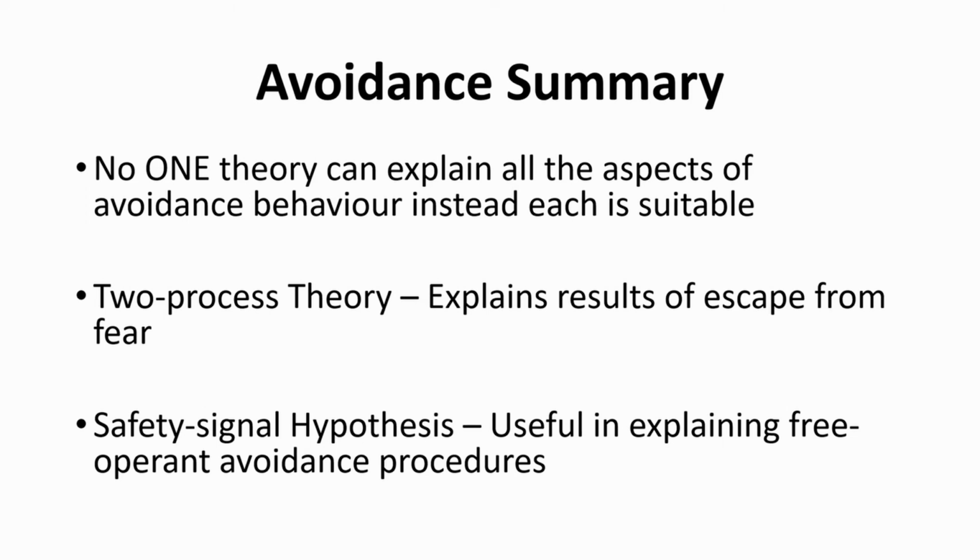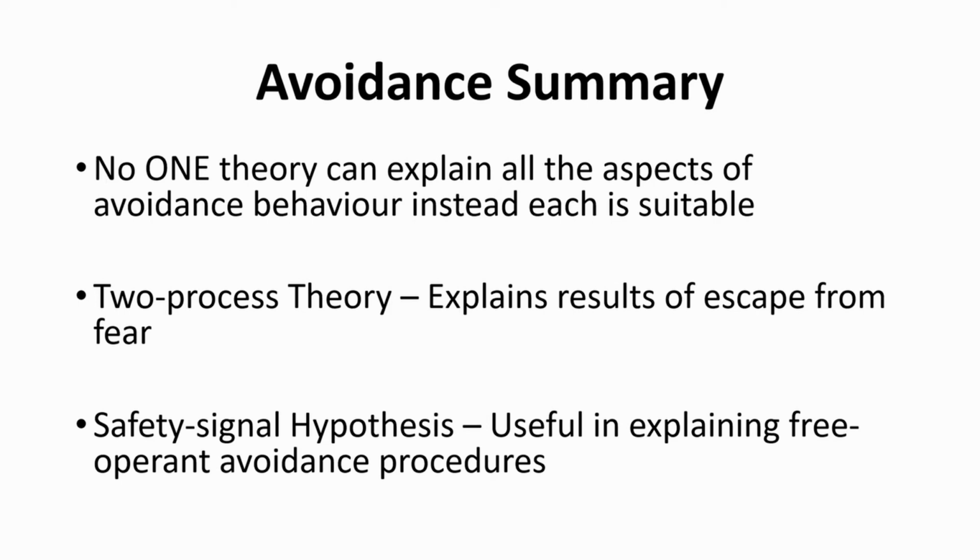Each of them seems to have some evidence and some support, and in reality, what we're probably seeing is a combination of multiple of these theories working together. No one theory is an absolute right answer, and a lot of situations are going to be more complicated and probably involve multiple of our theories. All of the theories we've talked about might have some involvement and some aspect of correctness.